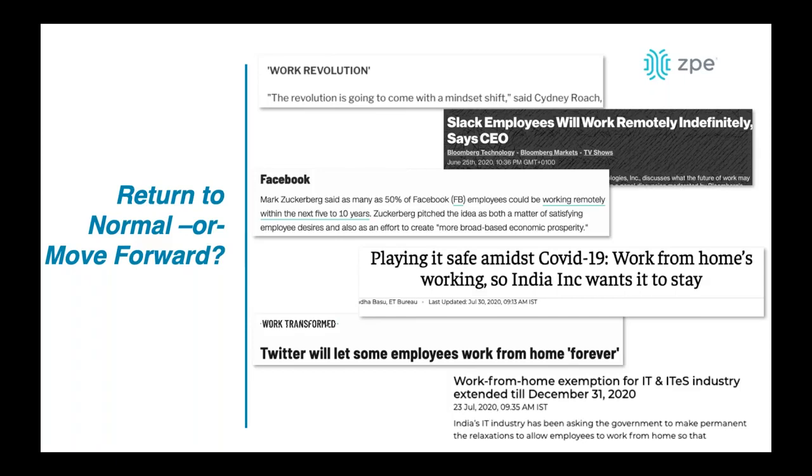But what at least larger IT companies have seen, which had already a very large amount of automation and IT-driven processes in place, is that they were actually quite capable of having the workforce not located in the office where they made the decisions, where they planned changes, but actually located at home.